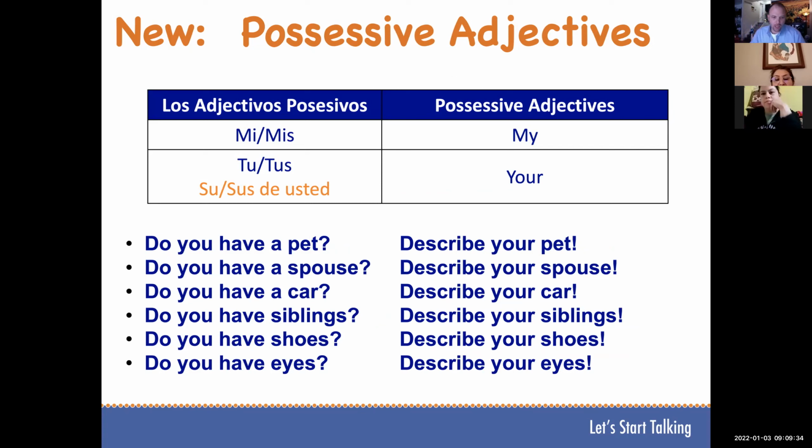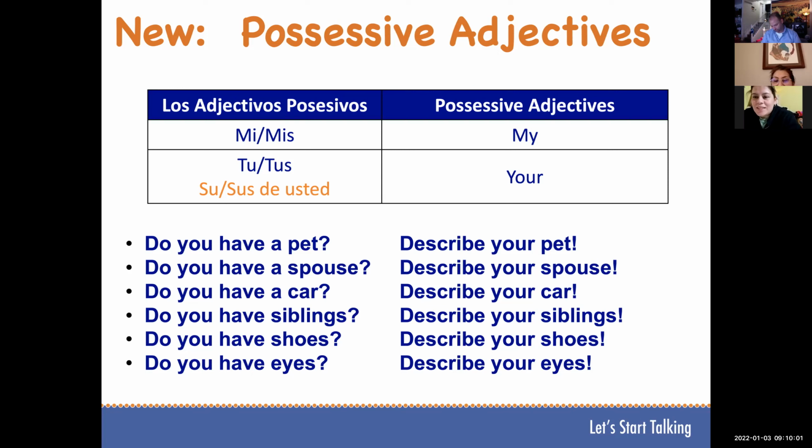Okay. And gray. Claudia, do you have a husband? Yes, I have a husband. Describe your husband. My husband is skinny. My husband is handsome.